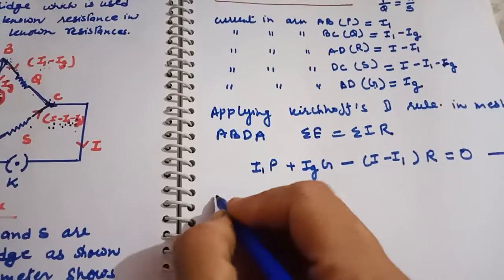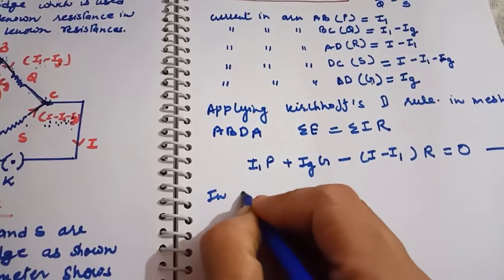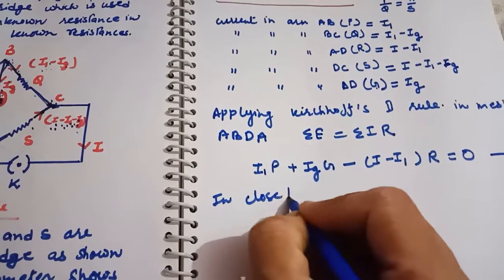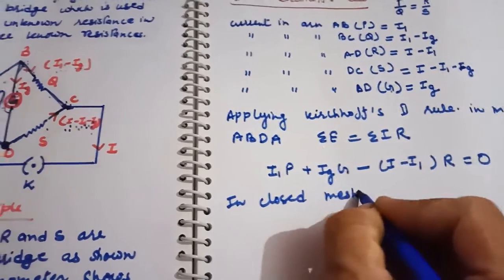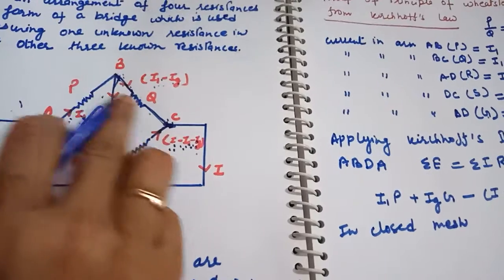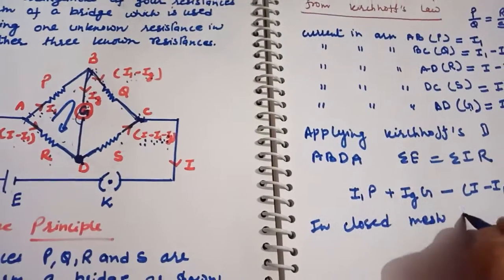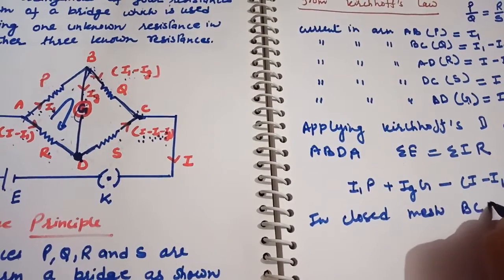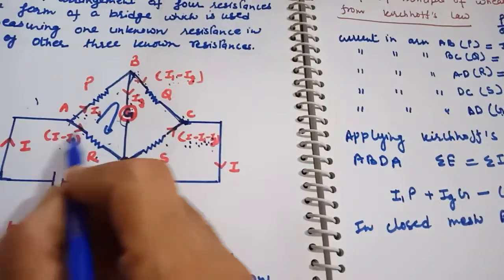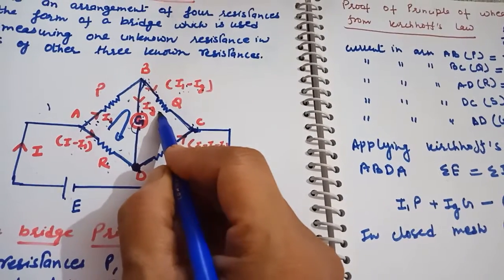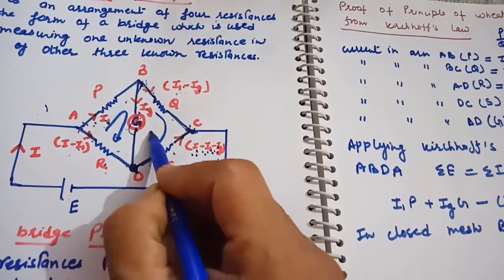Now in the closed mesh BCD, consider the direction of current again clockwise.